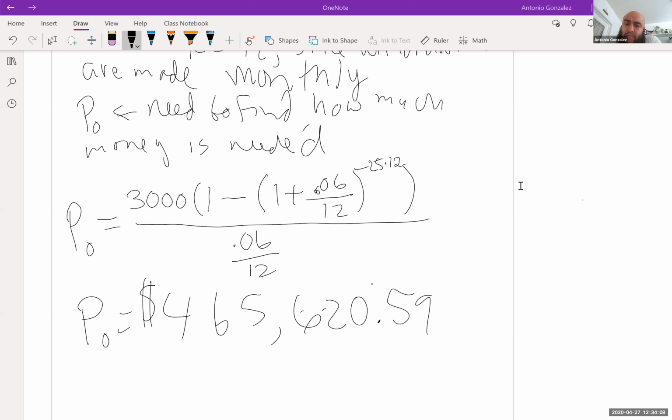5 decimal places? Well, I just went 2 here for money. If we're dealing with money, yeah, annually. What do you mean by annually, Renee? If we're dealing with money, then 2 decimal places just to go to the nearest cent is usually more than enough.